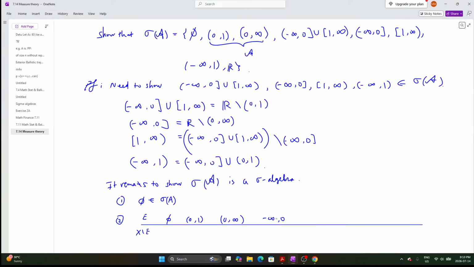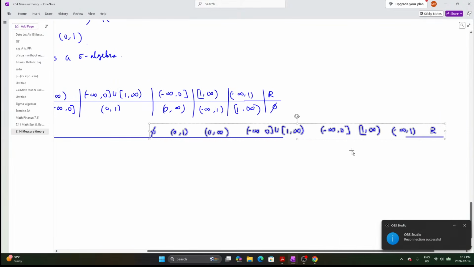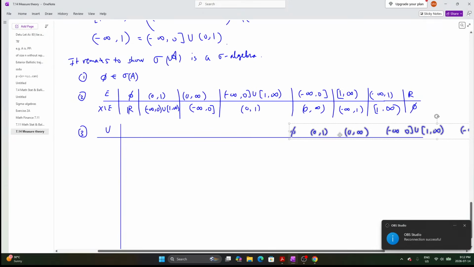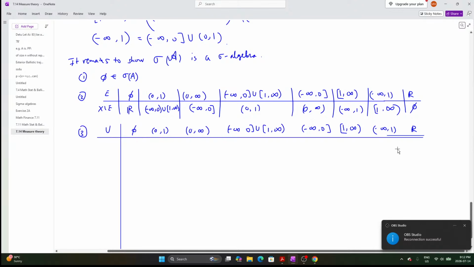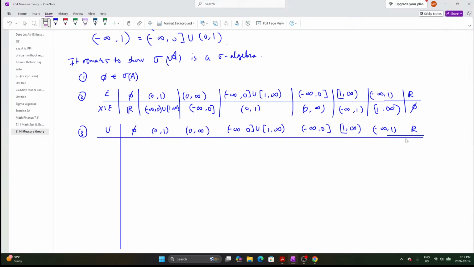Minus infinity to 0 union 1 to infinity. Minus infinity to 0, 1 to infinity, minus infinity to 1, and R. It's just a matter of checking closure under complement, which is easy.